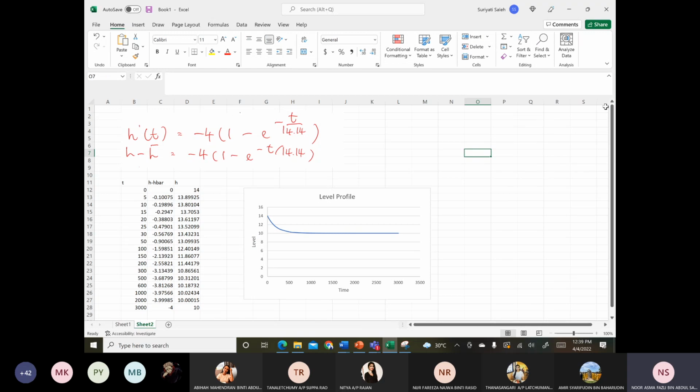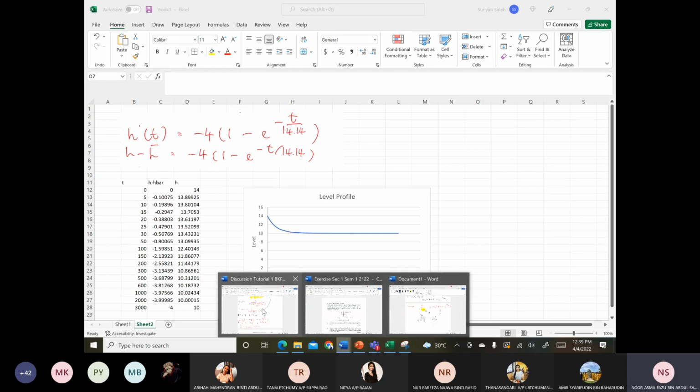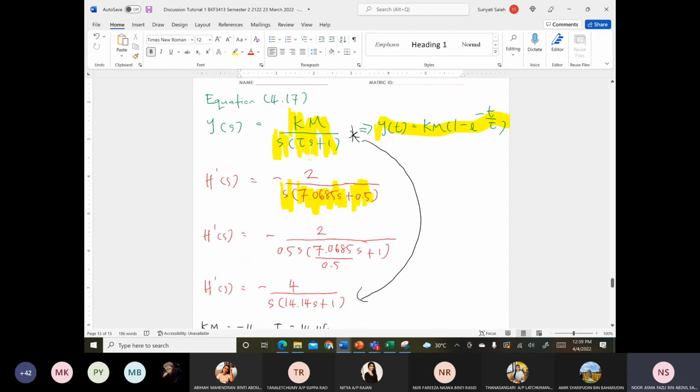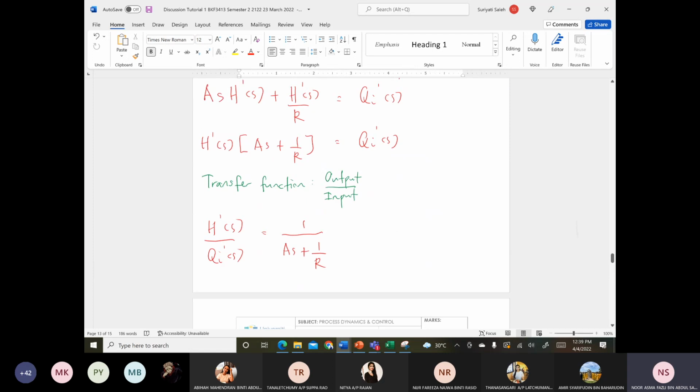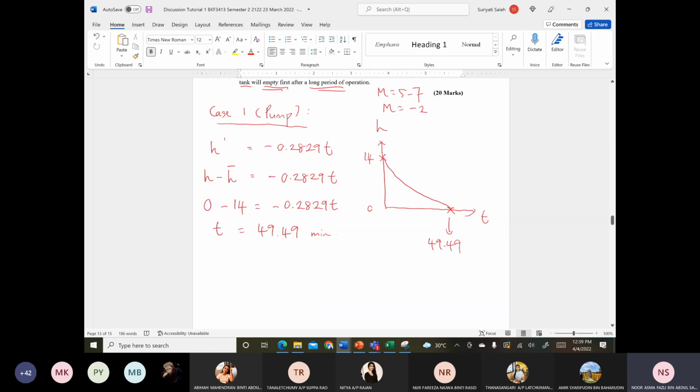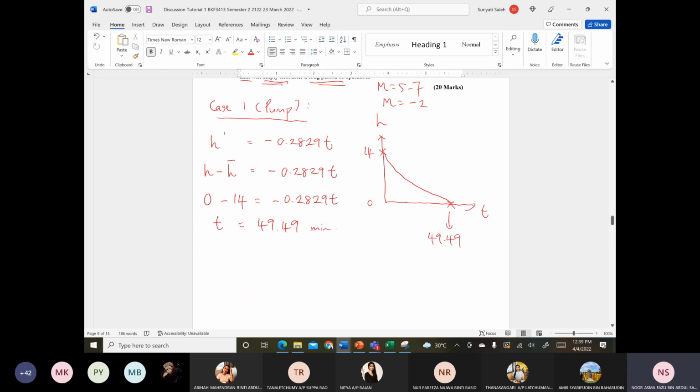Just to recap and get the overview, I refer to the previous exercise, the tank with the pump and the tank with the valve. Based on my solution previously, for case 1 using the pump, it took around 50 minutes for the level to reach 0. 14 to 0 is just around 49.49.